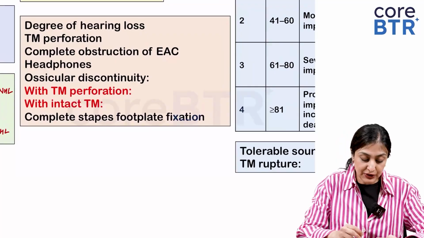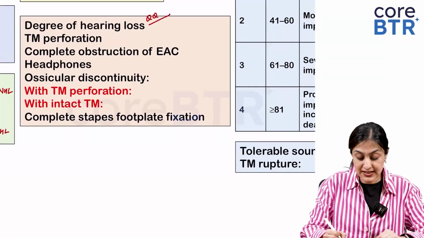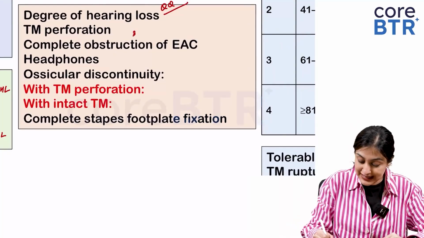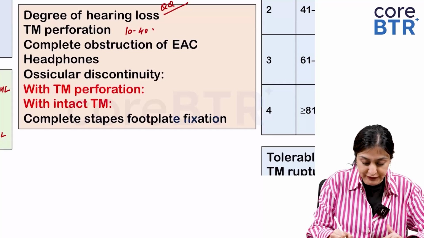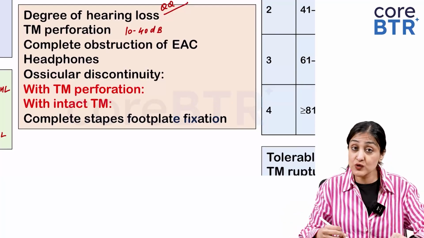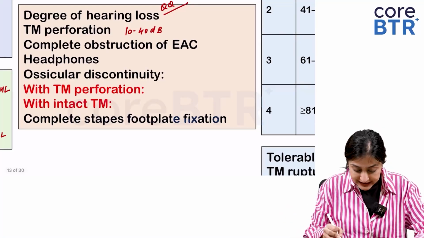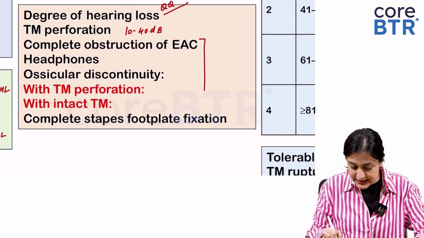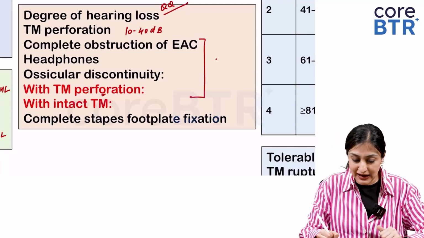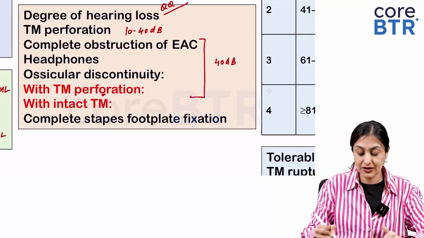So what is the degree of hearing loss? This is what was asked. So tympanic membrane perforation alone leads to a 10 to 40 decibel hearing loss. Complete obstruction of the ear canal, headphones is complete obstruction, and when you have ossicles getting destroyed but the tympanic membrane is also gone, here I will have a hearing loss of 40 decibels.